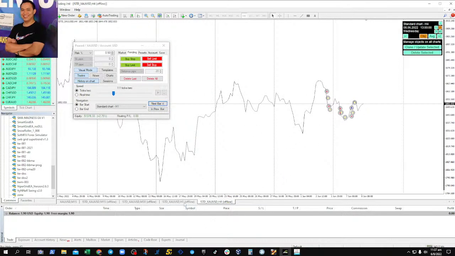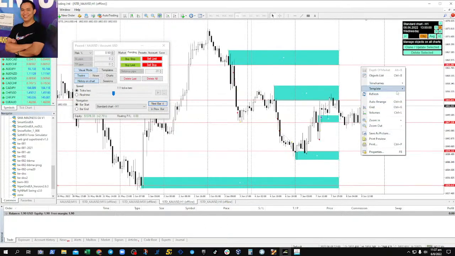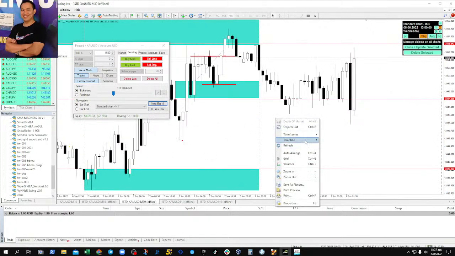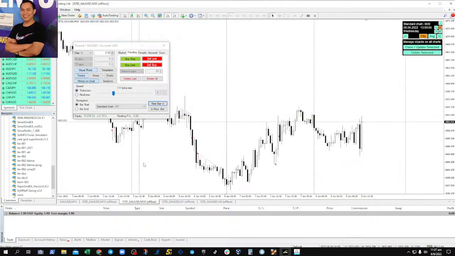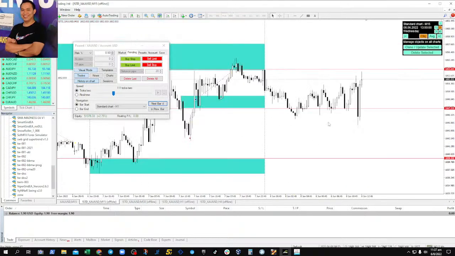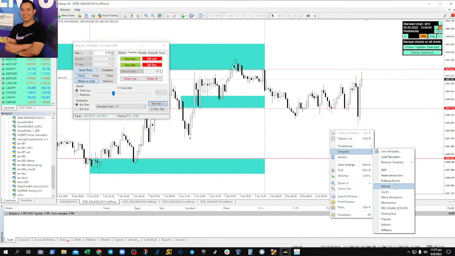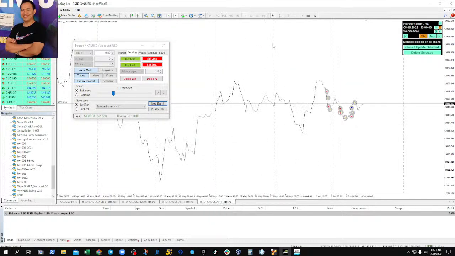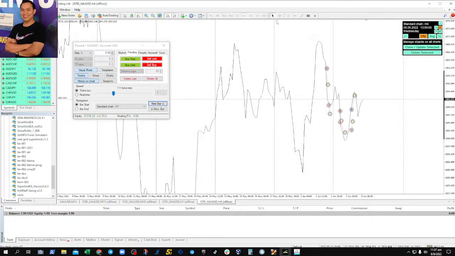Let's clear these things up. Template. It's best if we start with a clean slate so we can see things more clearly and not be influenced by the previous bias. Okay, so resistance level as usual is here.